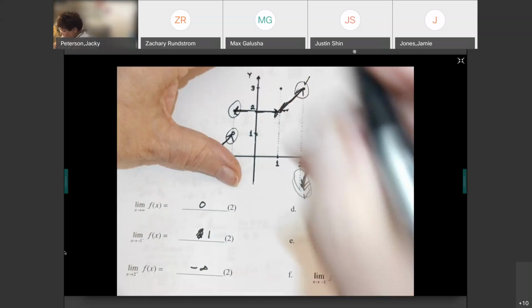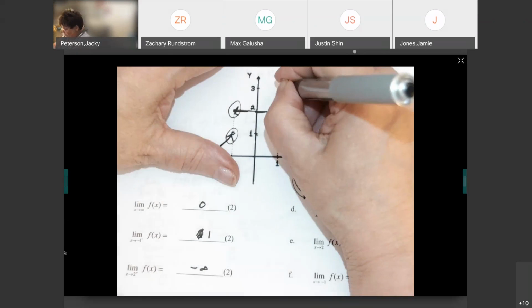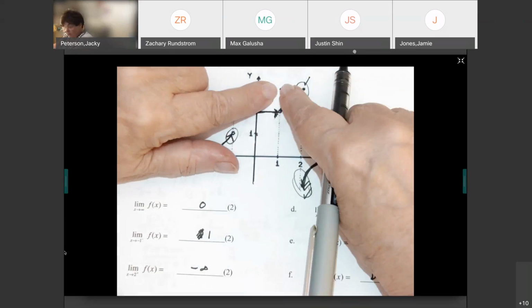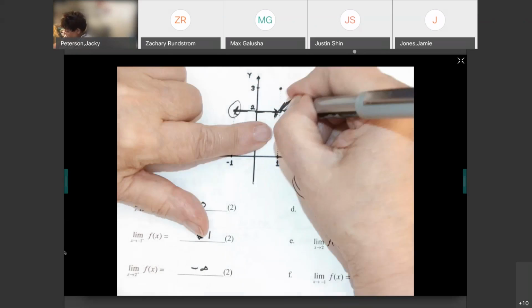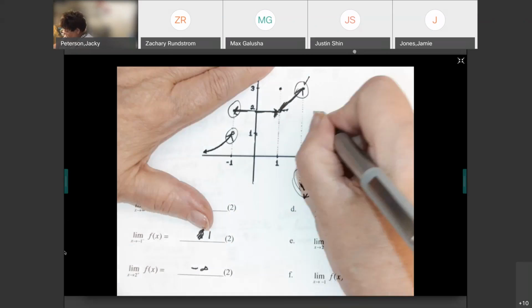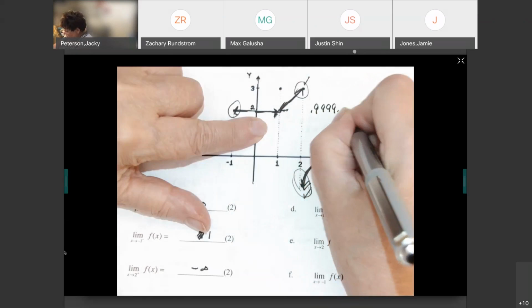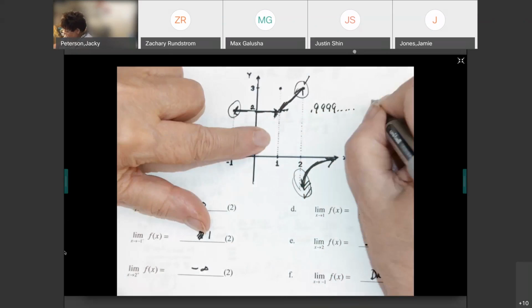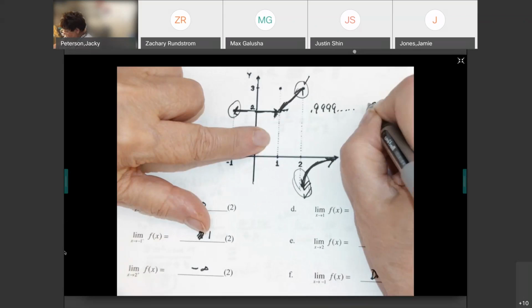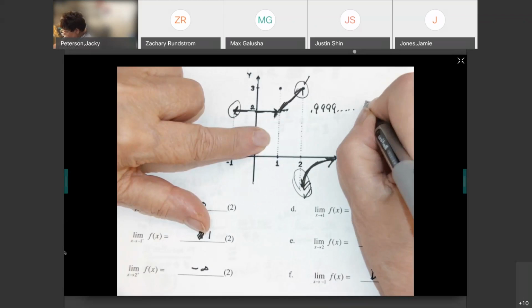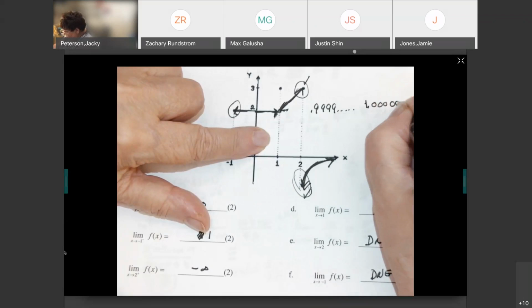Otherwise I'd have to jump up here to try to get 3 and then jump back down. But if I'm on the graph, I'm very close to 1. To the left of 1 would be 0.9999 dot, dot, dot, and to the right of 1 would be 1.00000 dot, dot, dot, 1.